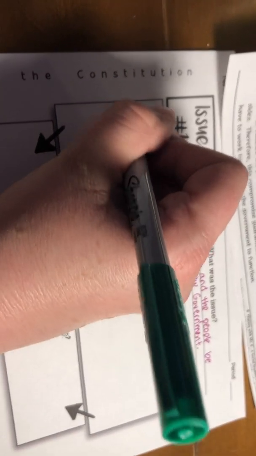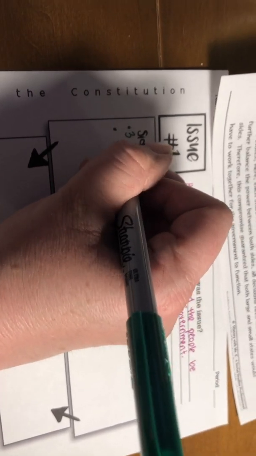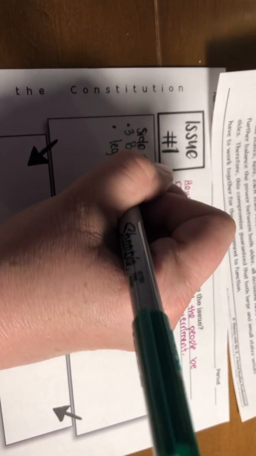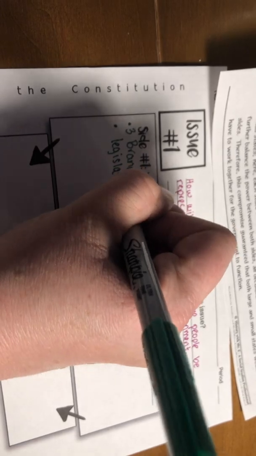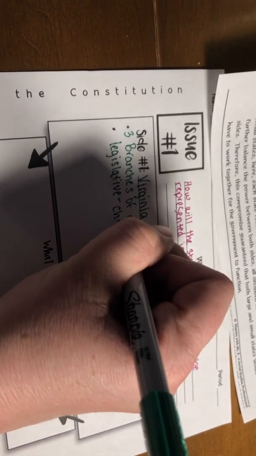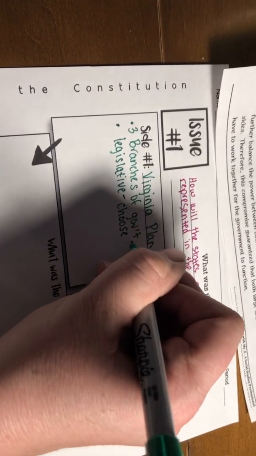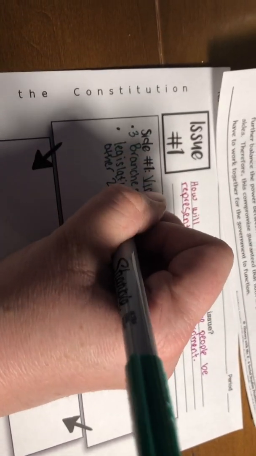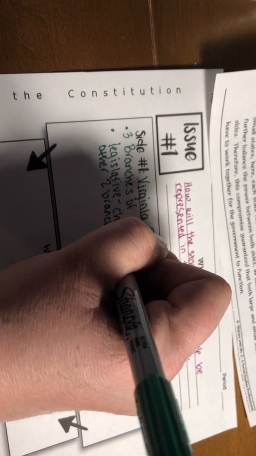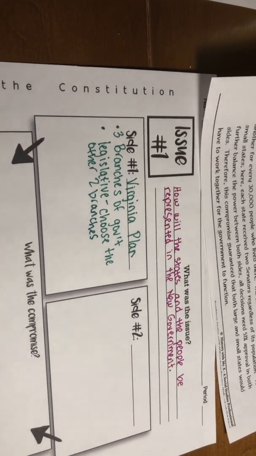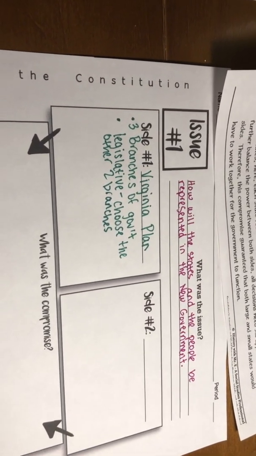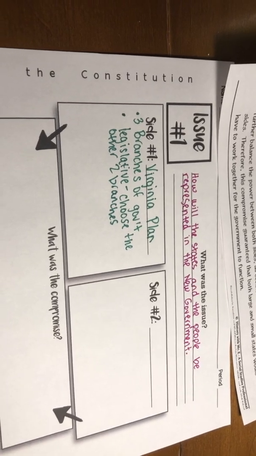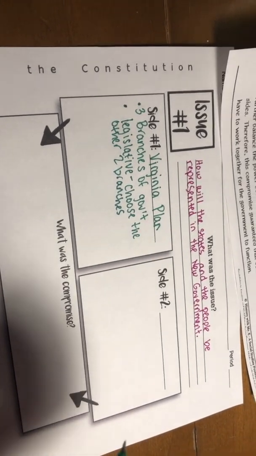It also thought that the legislative branch should have the most power, meaning they got to choose the other 2 branches, which are executive and judicial. So they're saying that we wouldn't get to vote for the president, the legislative would vote for it. And we know that this isn't how it ends up.